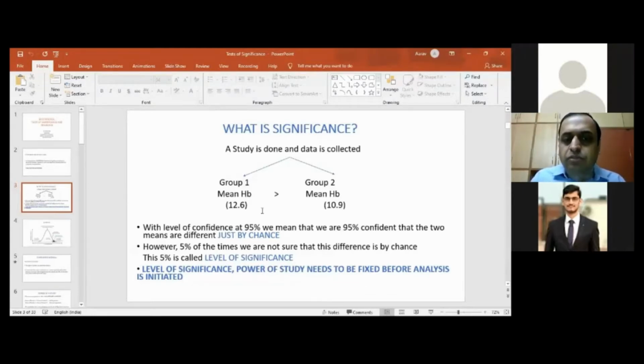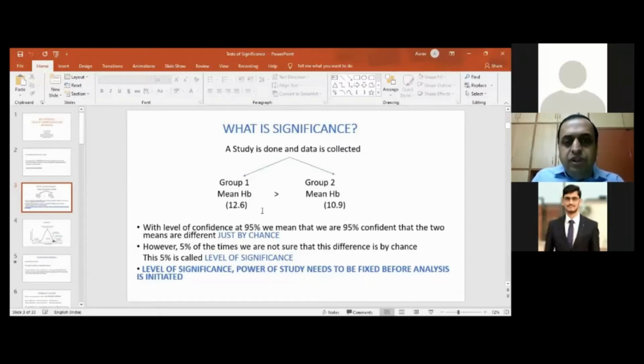These two terms must be very clear: whatever we are measuring and comparing, we should think whether this difference is occurring just by chance, and if it is just by chance, the null hypothesis is accepted most of the time, and if it is not occurring by chance, then the null hypothesis stands rejected.